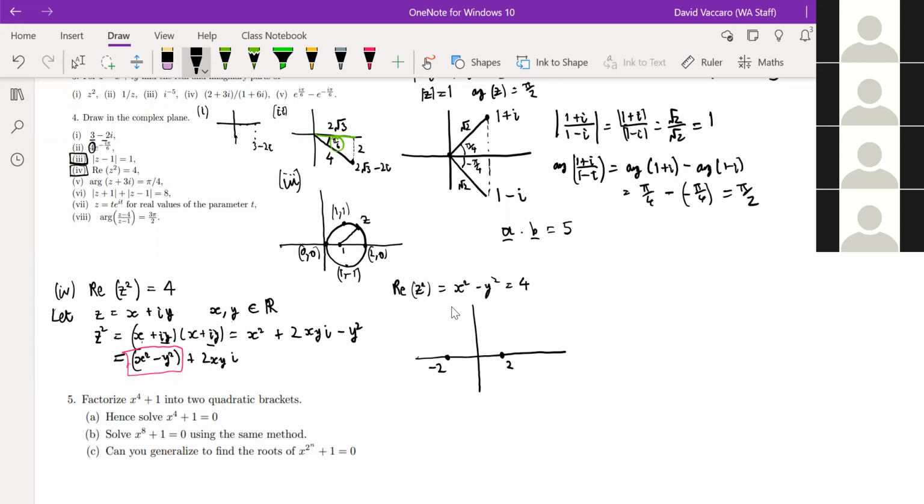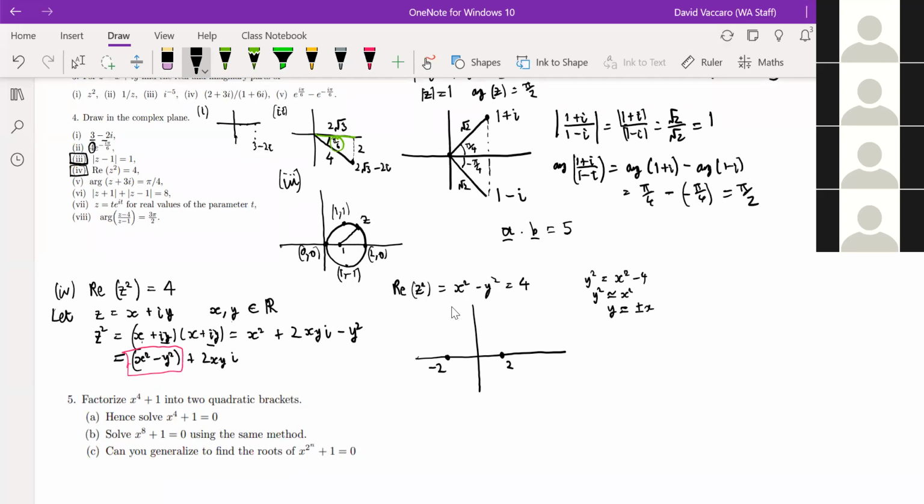Let us also note that if x squared is very large, we have that y squared is equal to x squared minus 4, and the subtraction by 4 relative to a large number is not going to have a large effect. So for large x squared, we can say that y squared is approximately equal to x squared, and we get y is approximately plus or minus x.